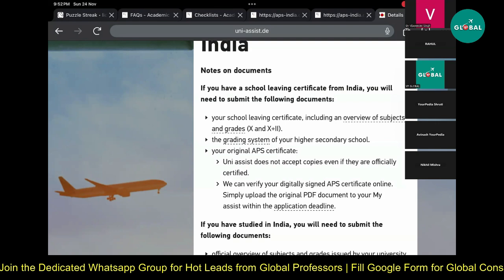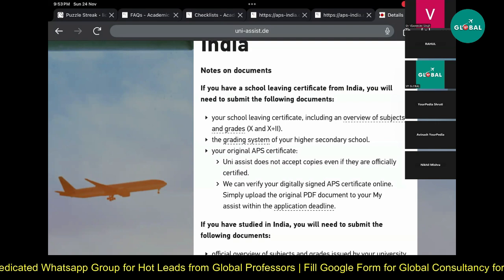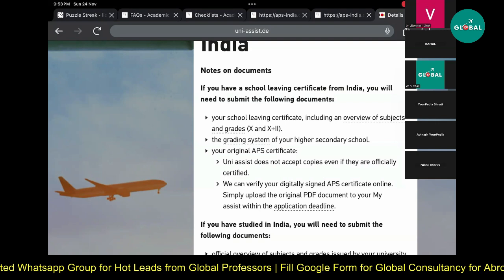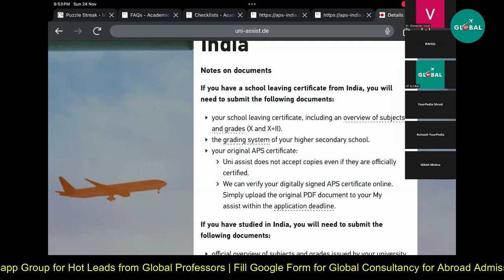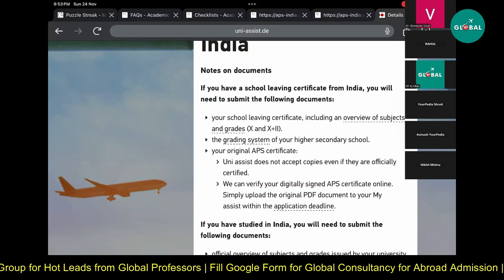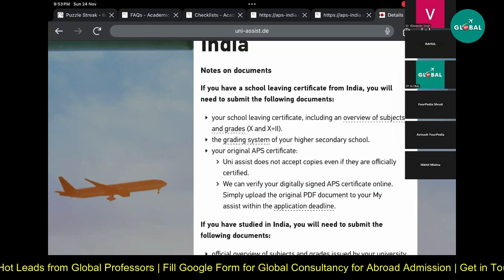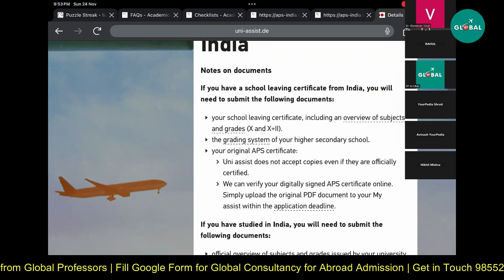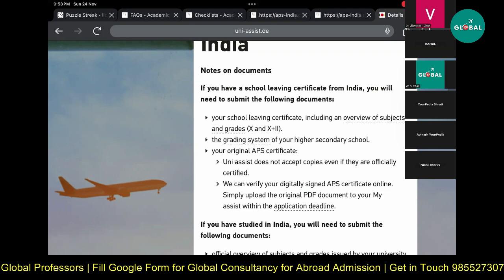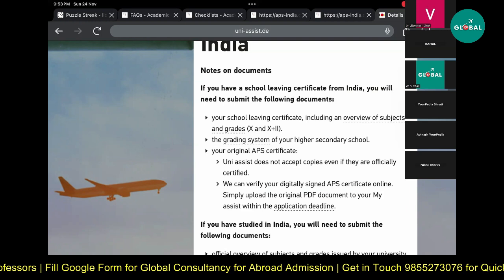So this is what you can do, but mind that there are universities in Germany which accept applications via their own portal. So there are a lot of ifs and buts in Germany. If the universities you are applying to accept applications via Uni Assist, then you can apply there. But in some universities you have to apply only on their portal.